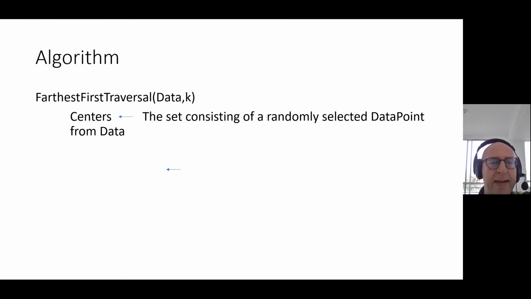So we define a set centers and we initialize it randomly to the value of a single data point. As I said before, in this algorithm, I'm not analyzing the full space of solution, but only possible combinations between data points.